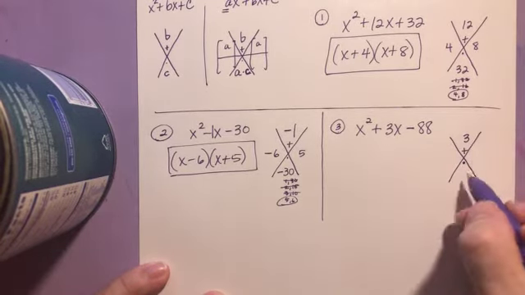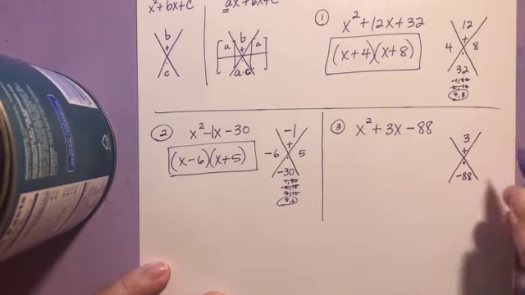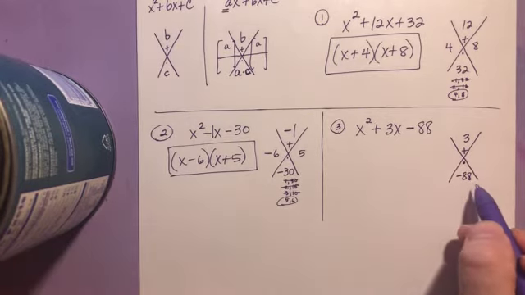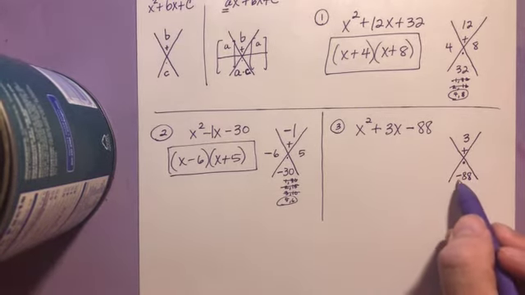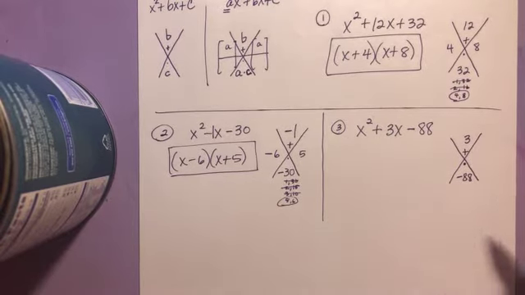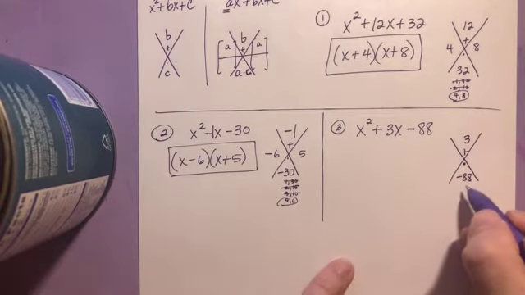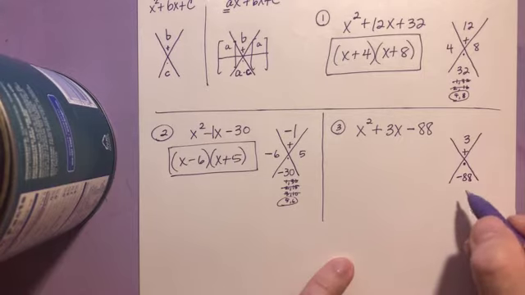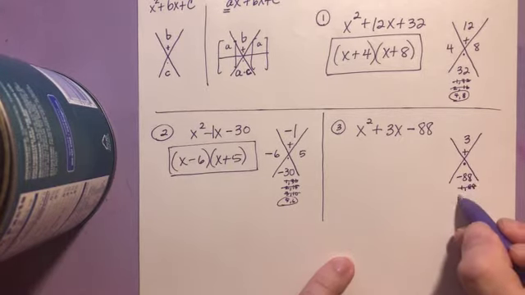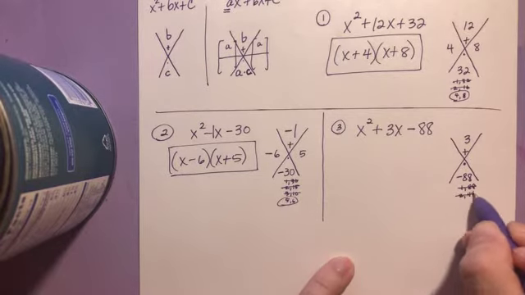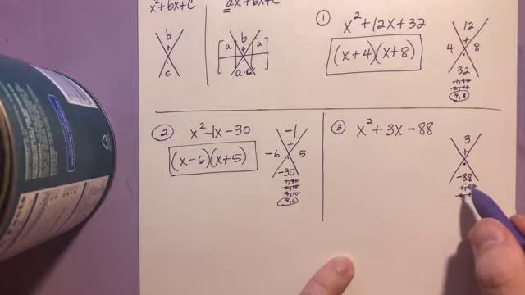All right, middle number goes up top, last number goes in the bottom, and I say, what two numbers multiply to give me 88 and subtract to give me 3? So if I go through all the numbers, it's going to be like, 1 and 88, that's 87, nope. 2 and 44, that's 42, nope. 3 doesn't go into it, I don't believe.